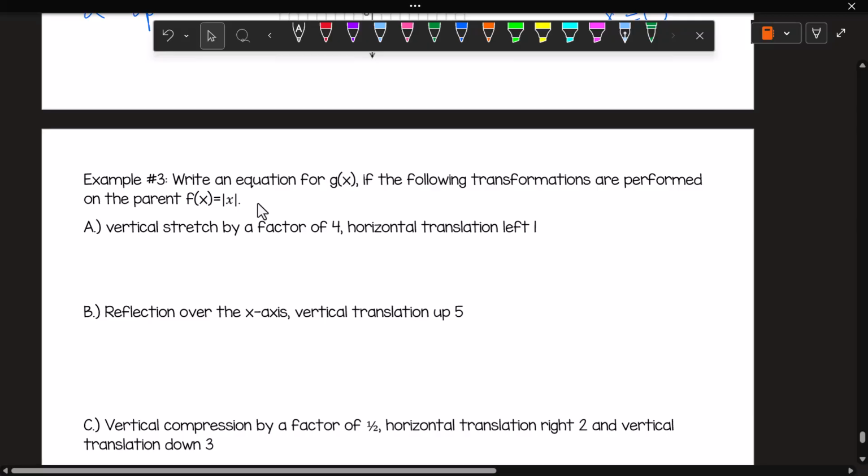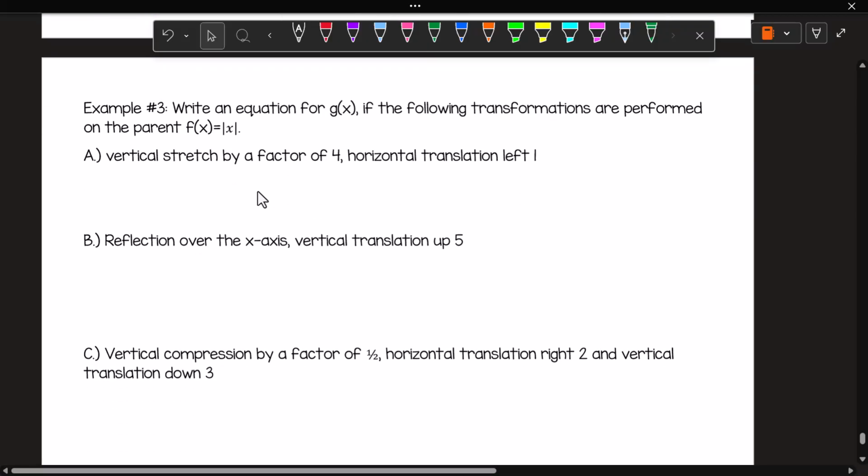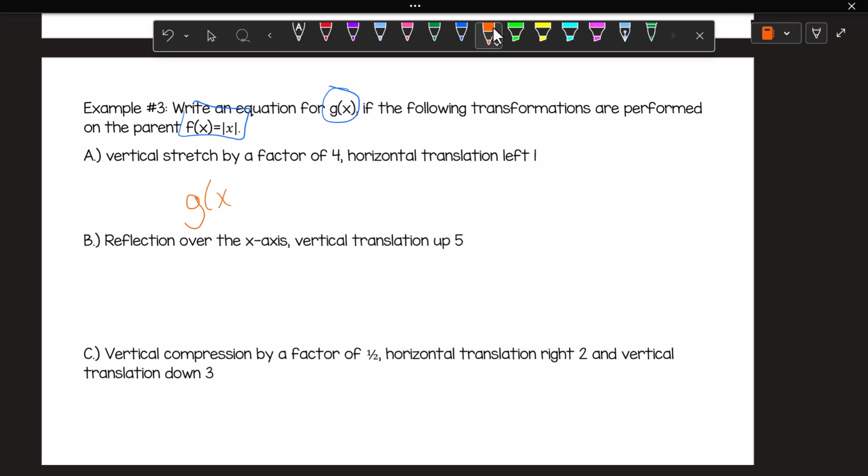Now, we can also go the other direction. They can give you the transformation, and you have to write the equation. So we want to write it for g of x, given that f of x is the absolute value. So g of x equals absolute value of x, with blanks. Then all I have to do is substitute in numbers.